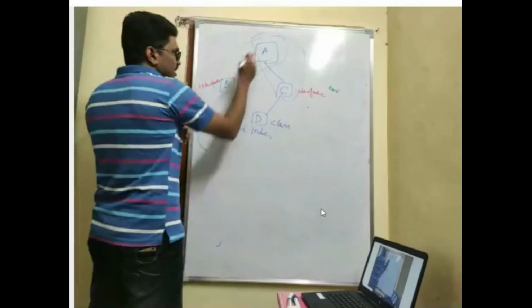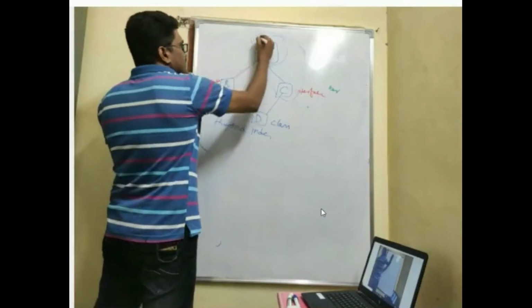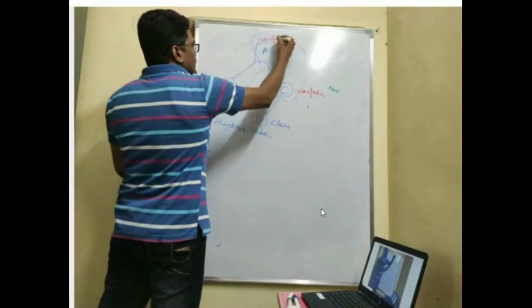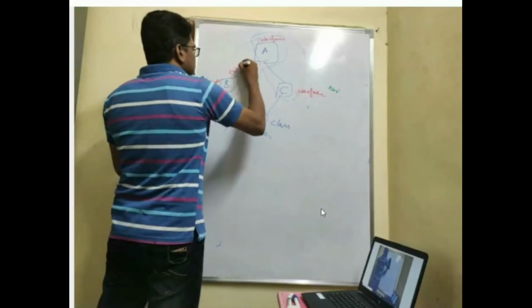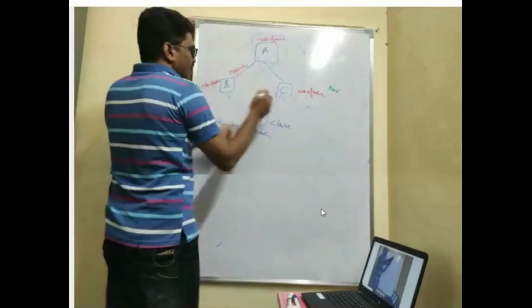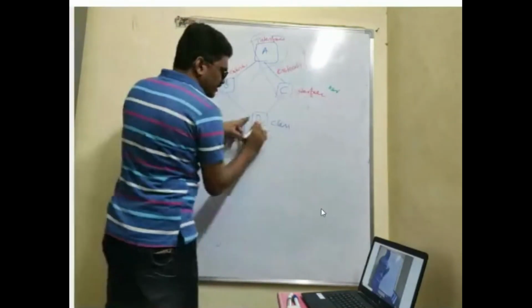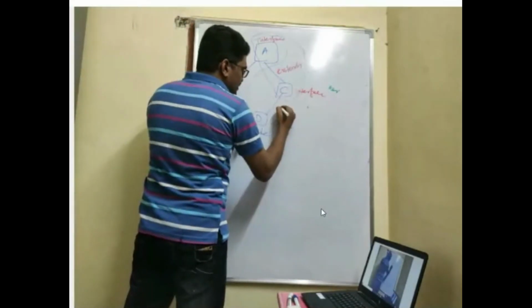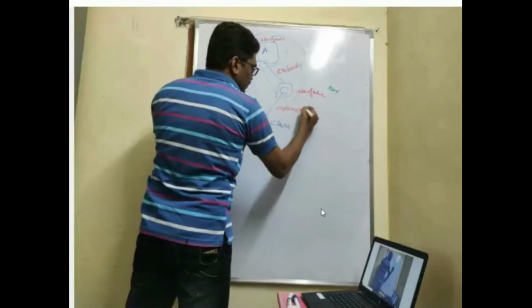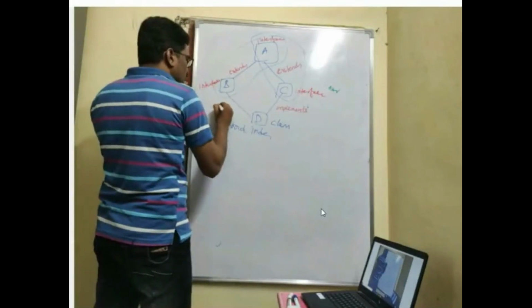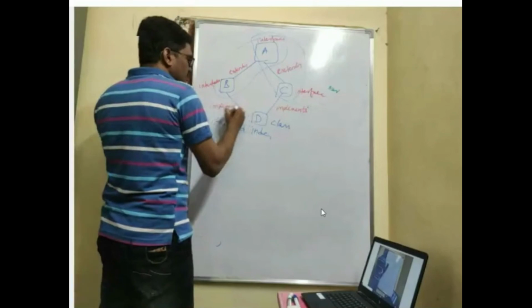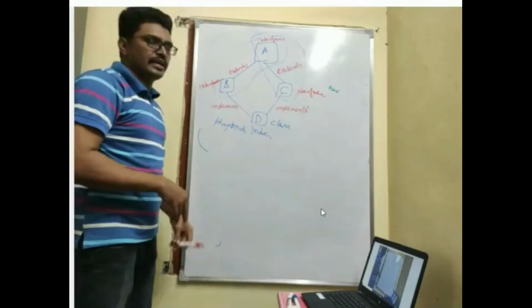Now this is extending this one, so obviously this also must be an interface. So interface B extends A. Similarly, interface C extends A. And class D implements B and C. So this is how you can implement hybrid inheritance in Java.